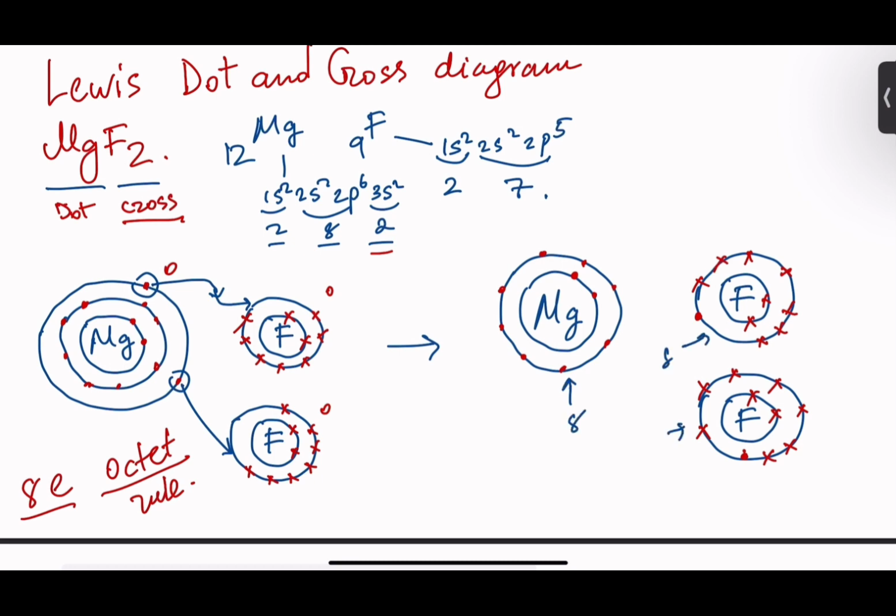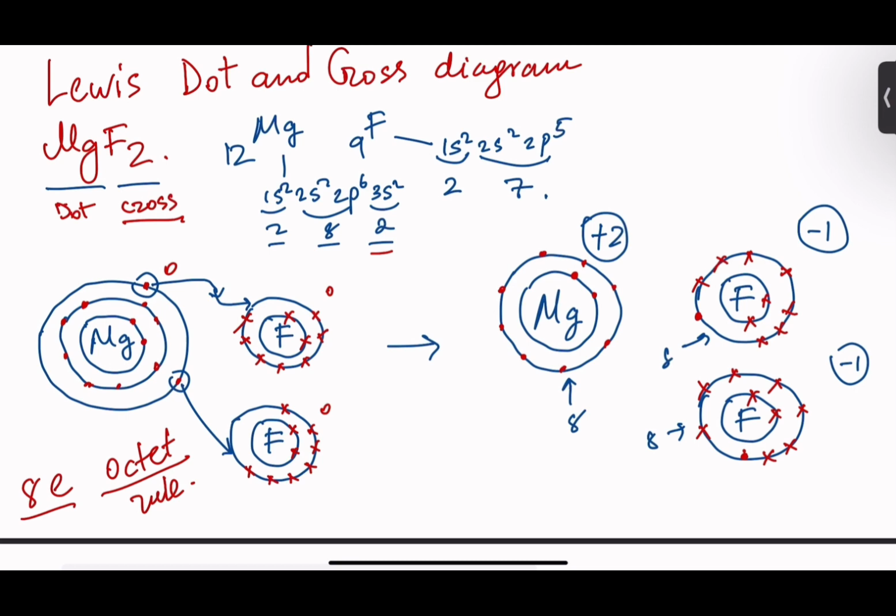Magnesium becomes a positive 2 charge because it lost 2 electrons. Fluorine gained 1 each, so each becomes negative, meaning negative 1 and negative 1.